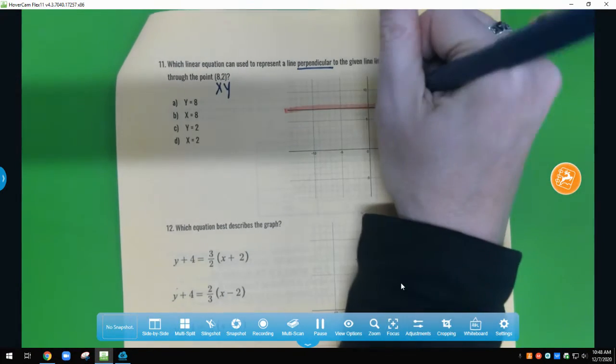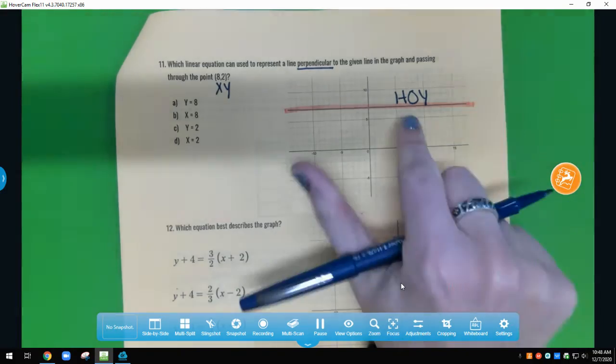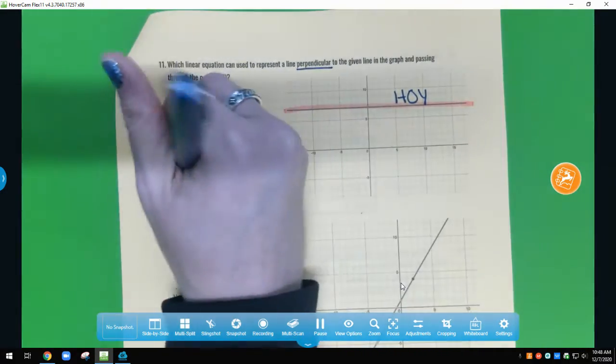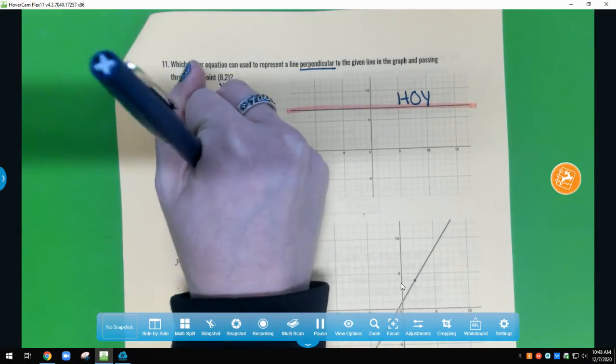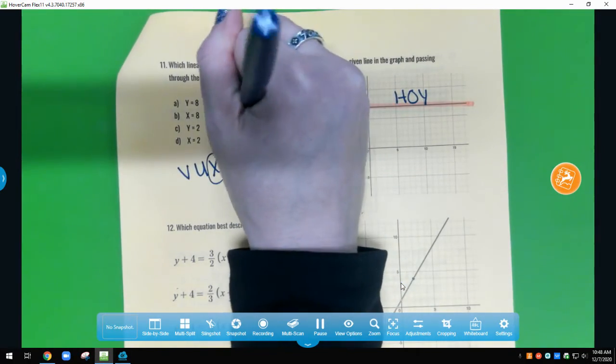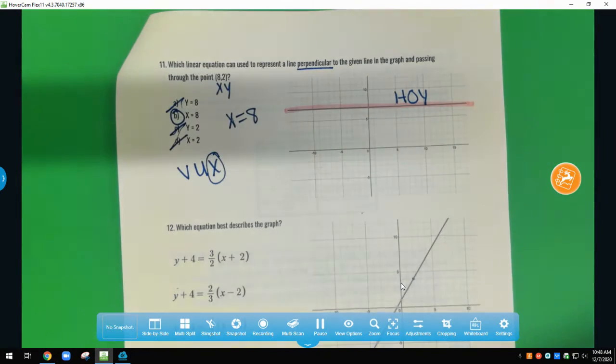It is a horizontal line, so if I need a line perpendicular, I need the vertical one, which means I'm looking at the x. My point's x value is x equals 8. So my answer is B.